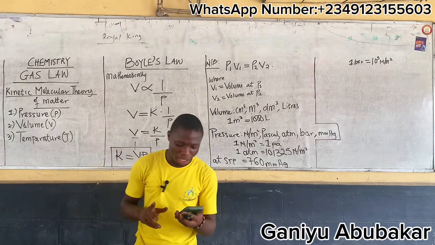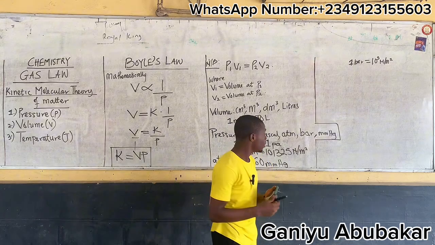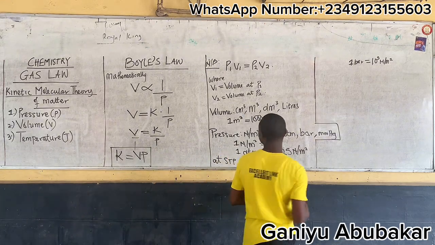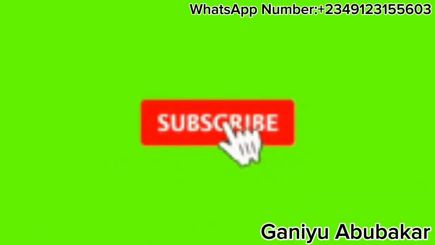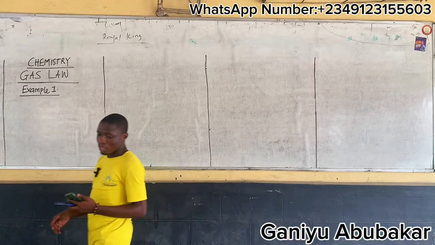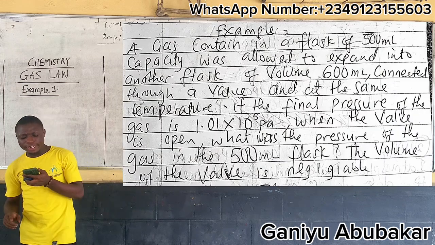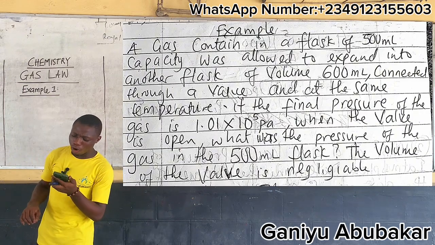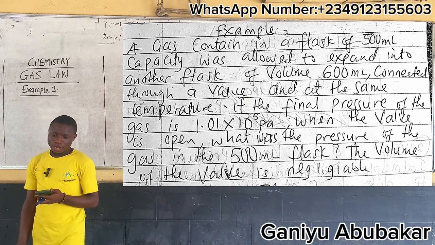Let's take a question and see what we get. Let's start with example 1, please. It says a gas contained in a flask of 500 milliliter capacity.